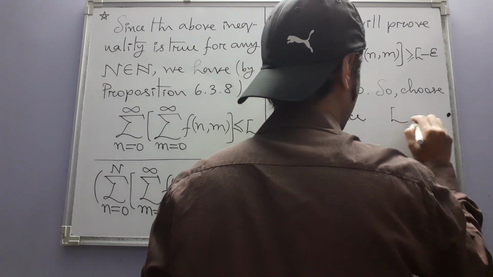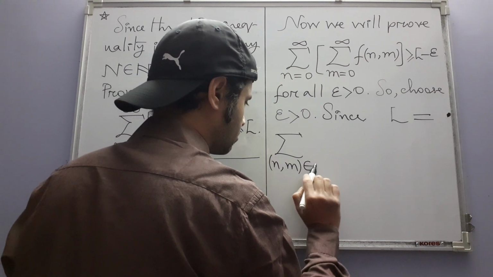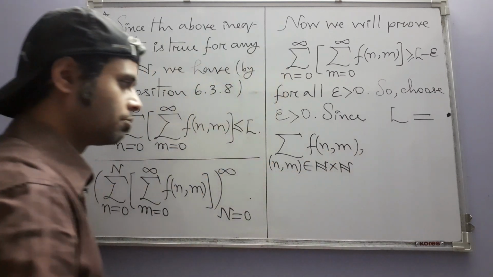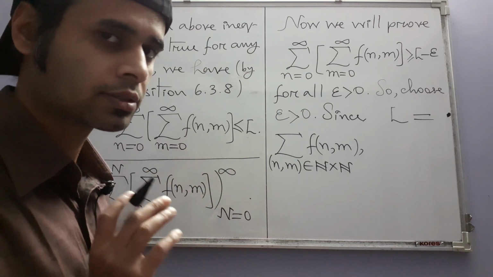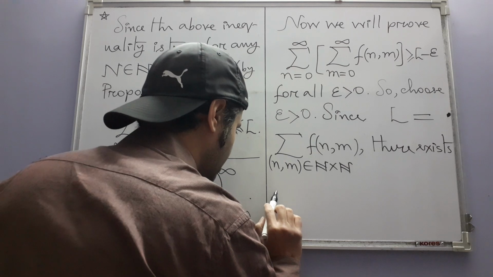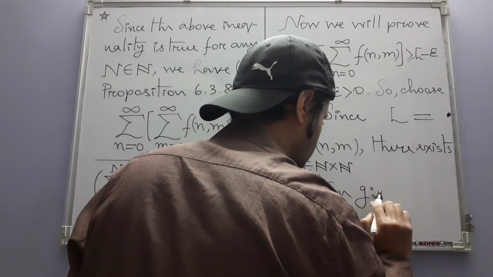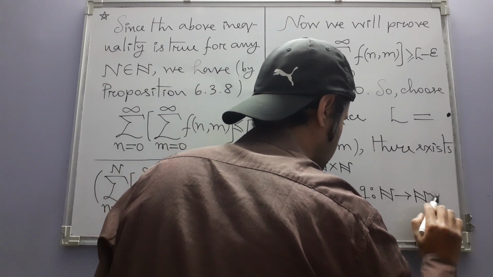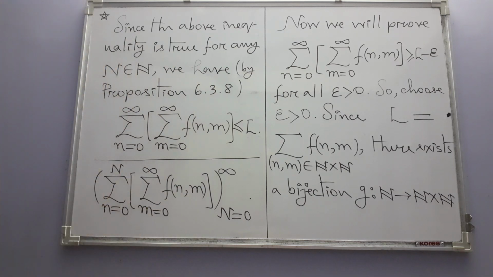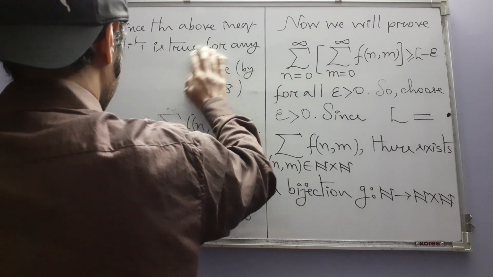Since L is equal to, so by the very definition of such an absolutely convergent sum, there exists a bijection G from N to N cross N such that that sum can be written as an ordinary infinite series with the help of G, or there exists a G which gives this sum its meaning.